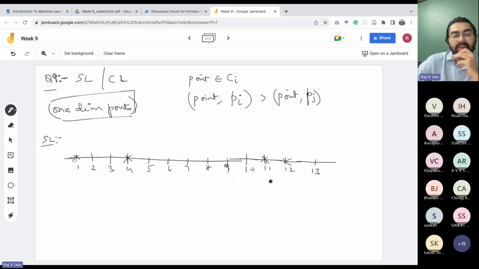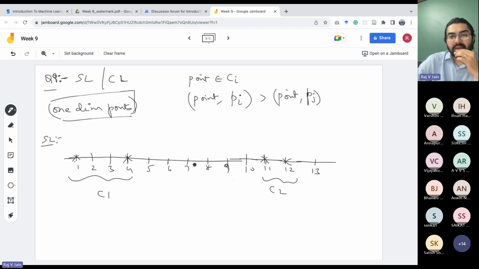Now if you think about it, these two will become the first cluster, right? Because it's just 1 unit distance. And then the next cluster, because 4 is very far apart from all of these. So now we have 2 clusters: cluster C1 and cluster C2.